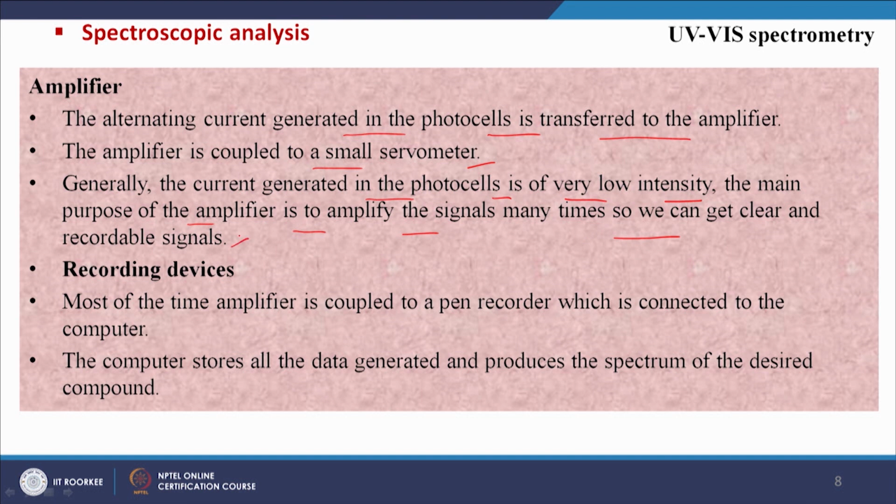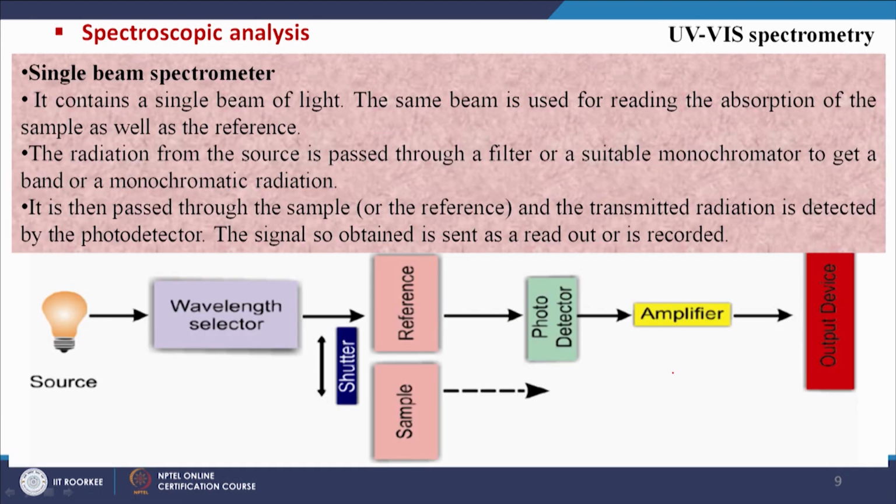Recording devices are also needed, and most of the time the amplifier is coupled to a pen recorder connected to the computer, which stores all the data generated and produces the spectrum of the desired compound. So, this is the working of UV spectrometry.